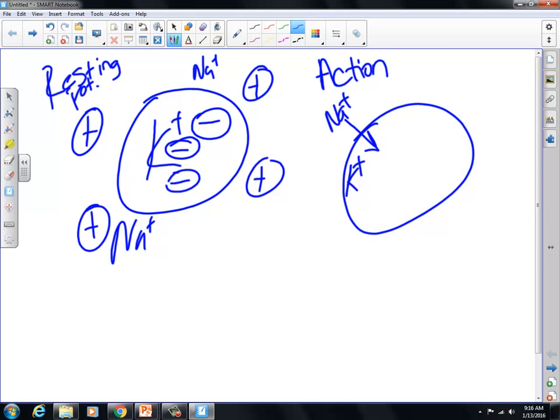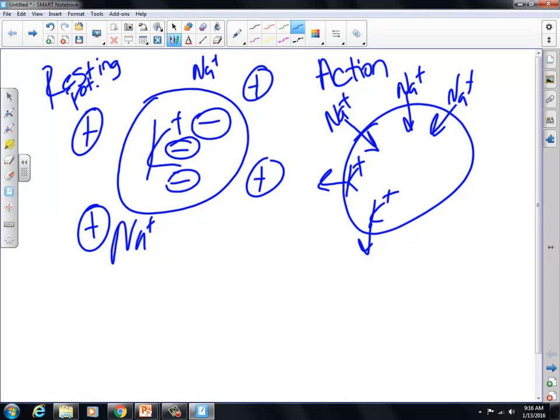Coming in, and what's coming out? Potassium. So we know that for every 3 sodium that come in, there's 2 potassium that goes out. So there's a much more rapid influx of sodium into the cell than there is an outflow of potassium.